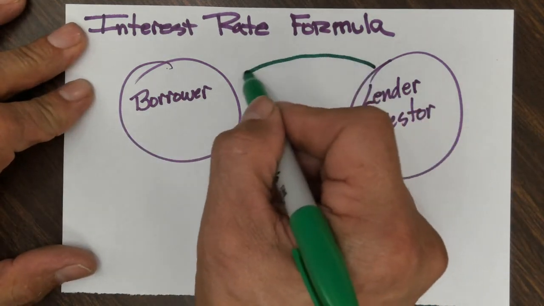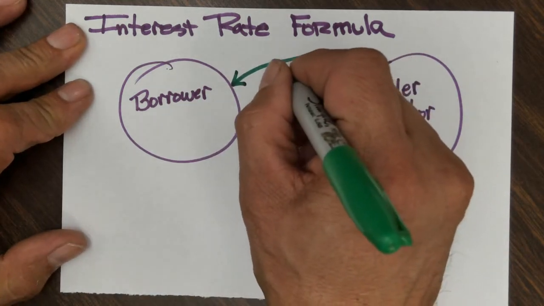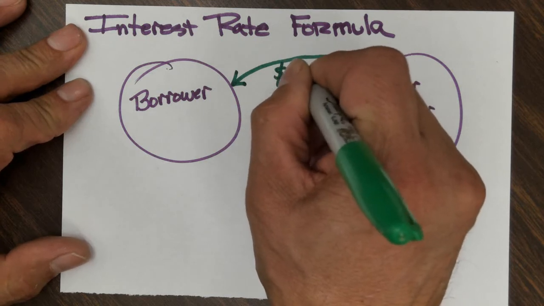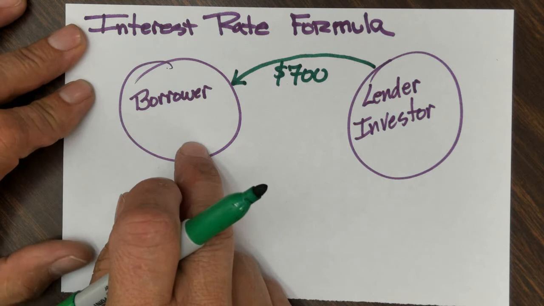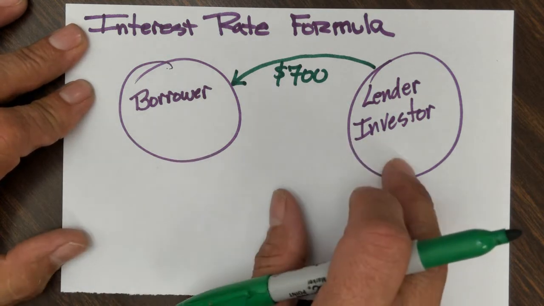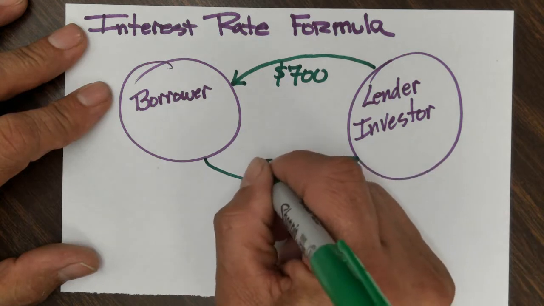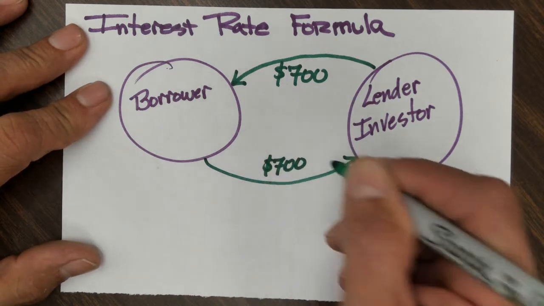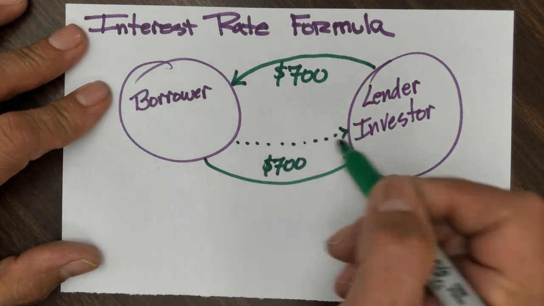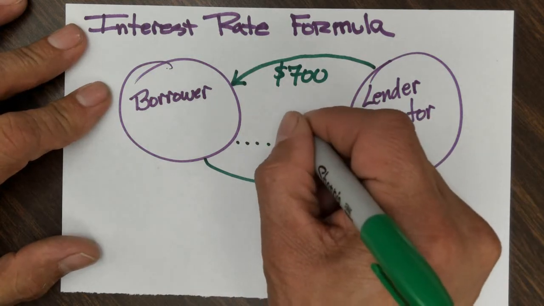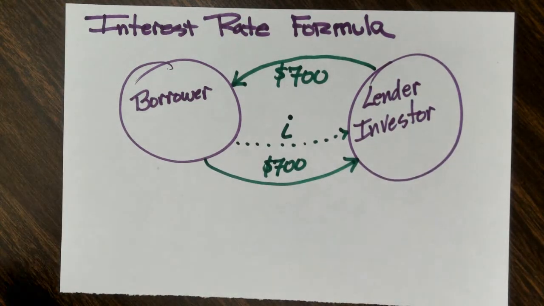So here we have money being lent to the borrower, $700 in this case. The borrower will agree to pay back the lender the $700 plus another amount called interest, which I will call I. Very straightforward, simple.